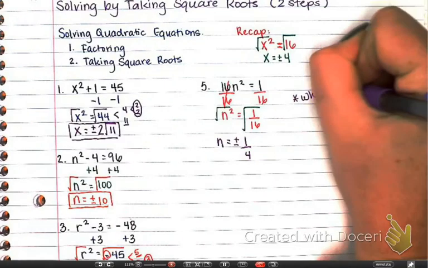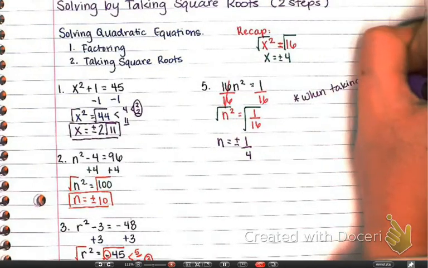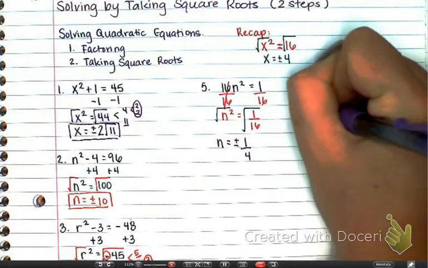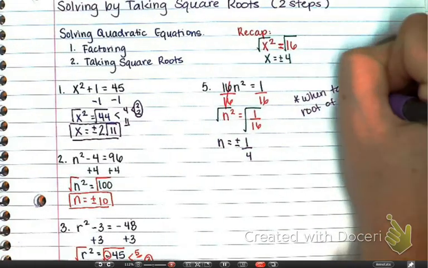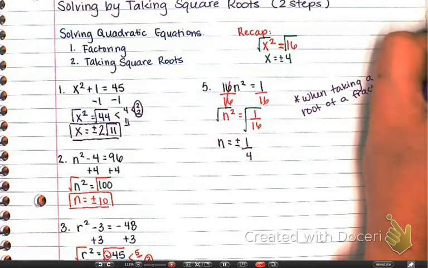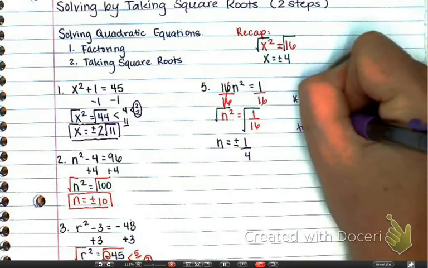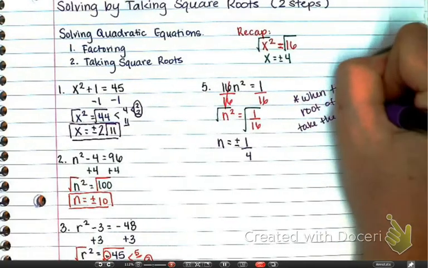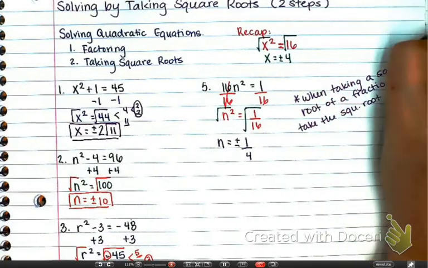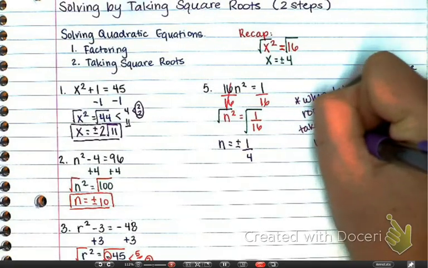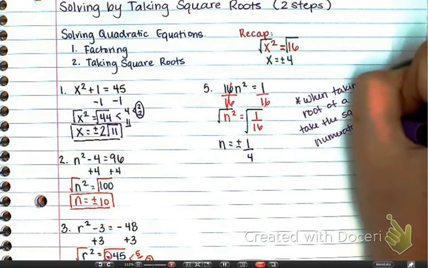When taking a square root of a fraction, take the square root of the numerator and then the denominator.